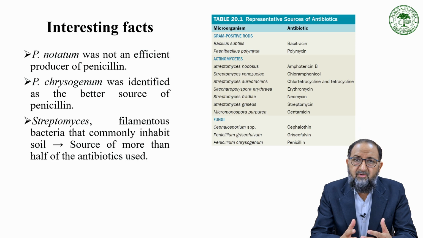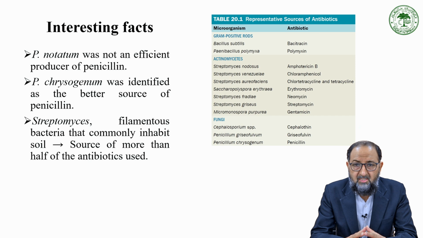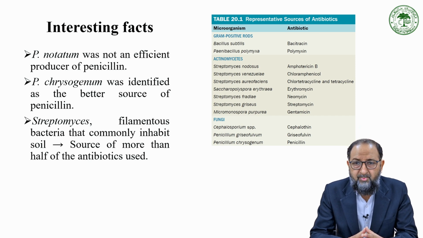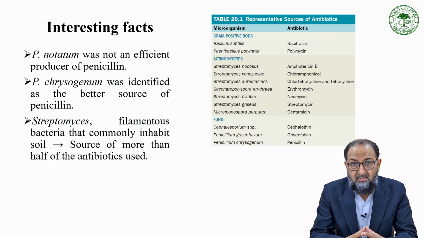So different tetracycline and chlortetracycline derivatives were identified, were isolated from the Streptomyces aureofaciens, and then we have Saccharopolyspora erythraea. And this Saccharopolyspora erythraea produces erythromycin, which is a very common antibiotic used for common cold, throat infection, sore throat, and all.